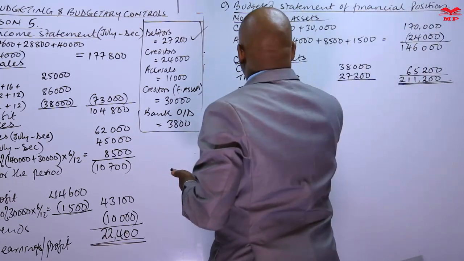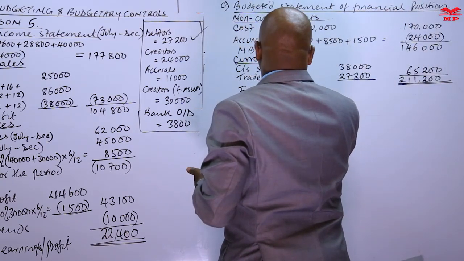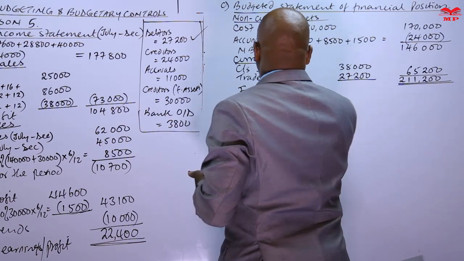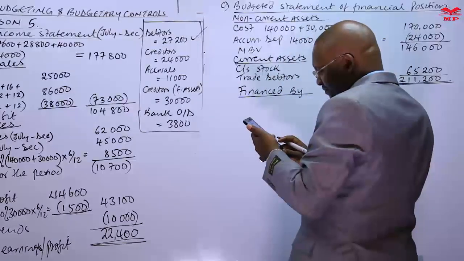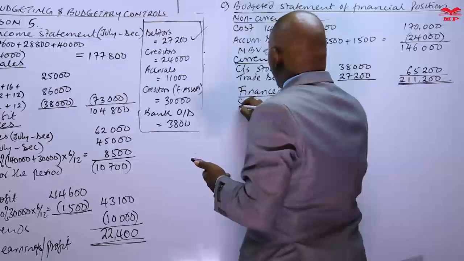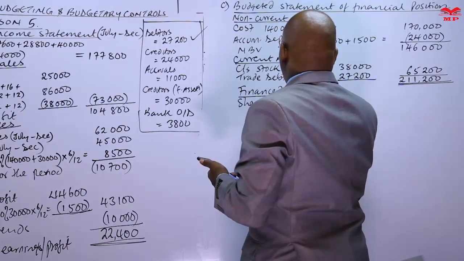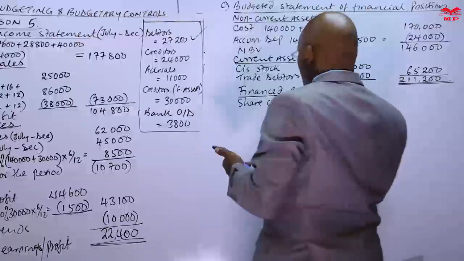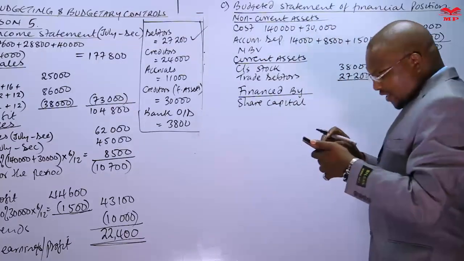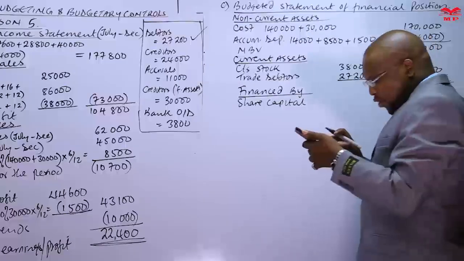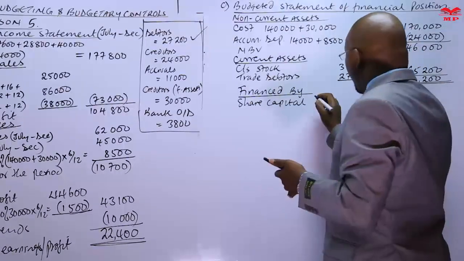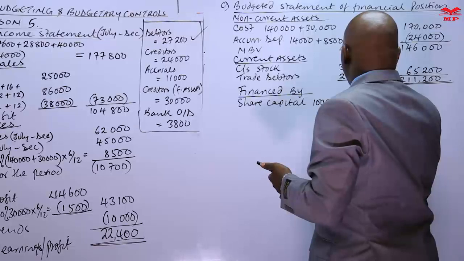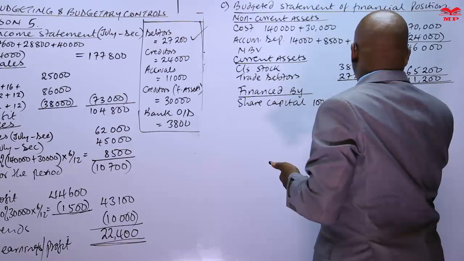Then you can have the financed by. We do have the share capital. We have actually issued more shares worth 20,000. So the previous share capital we had was 100,000. We add 20,000.